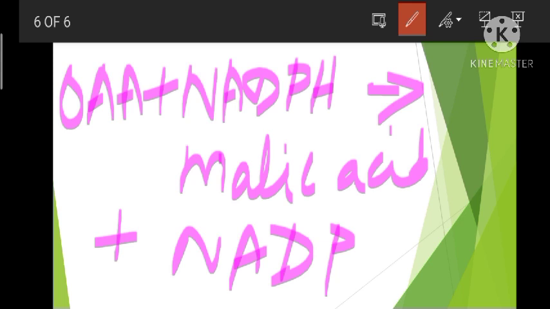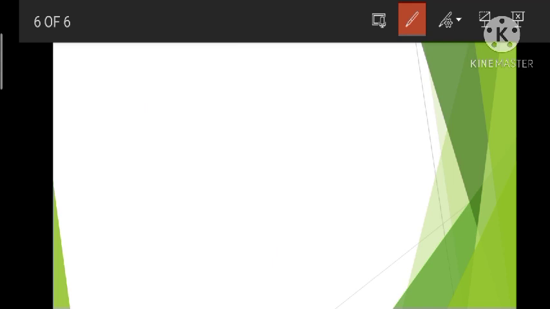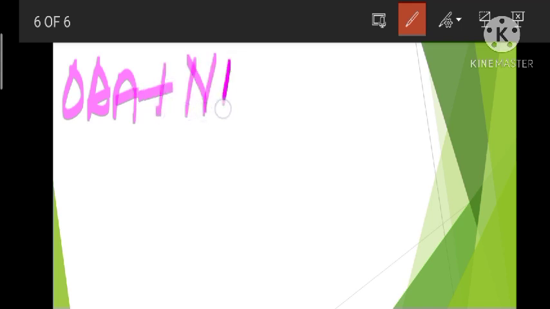Okay, so OAA or oxaloacetic acid, which is formed inside the mesophyll cell, can be converted into malic acid, or even into aspartic acid. How will it be converted into aspartic acid? Here OAA will react with an amino group and NADPH, catalyzed again by the same enzyme, dehydrogenase.